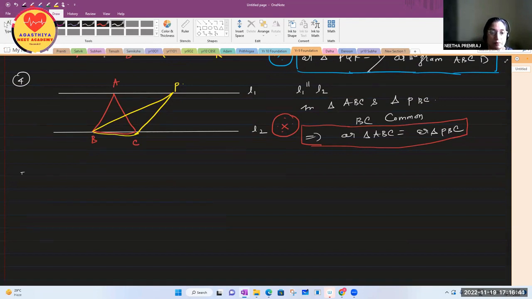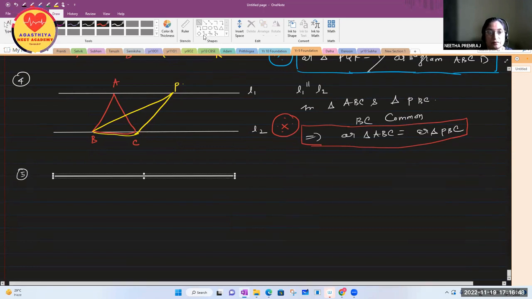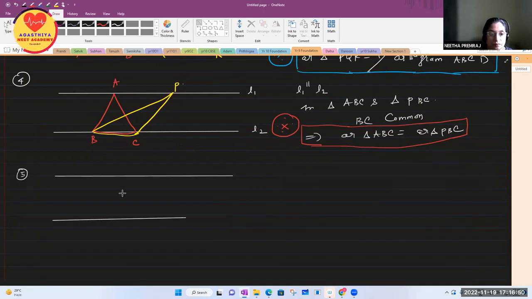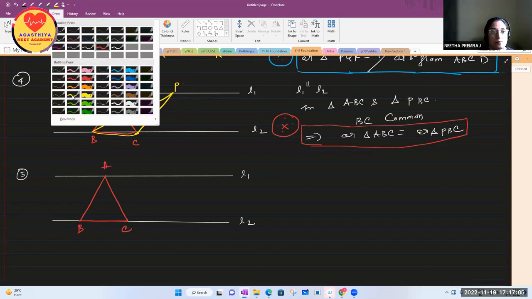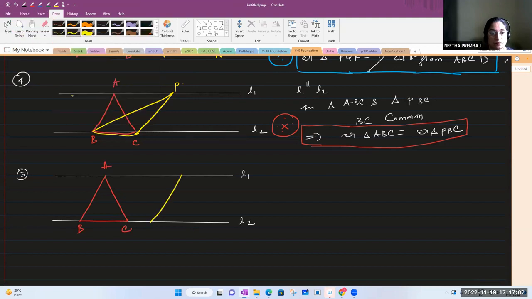So the fifth one, two parallels. There is one triangle ABC and another triangle PQR.